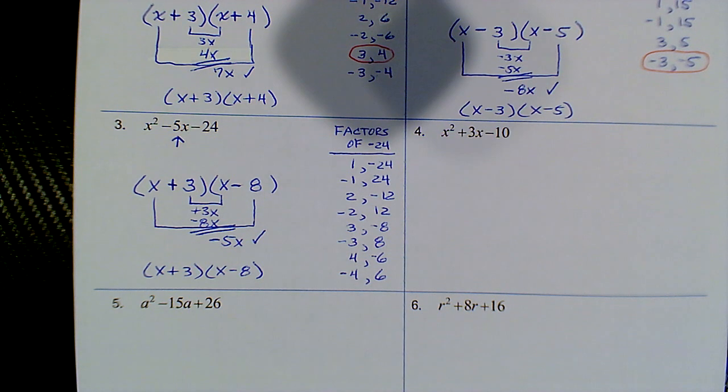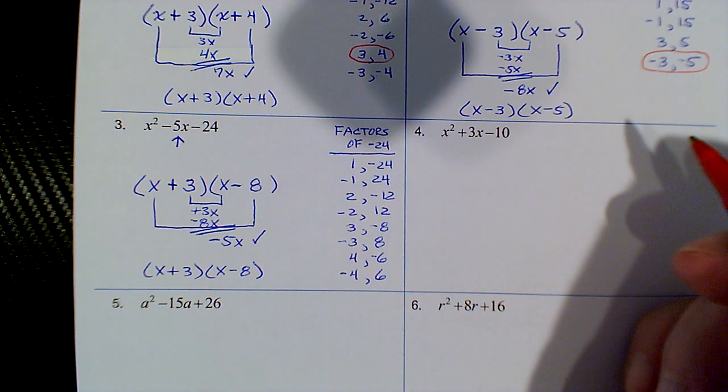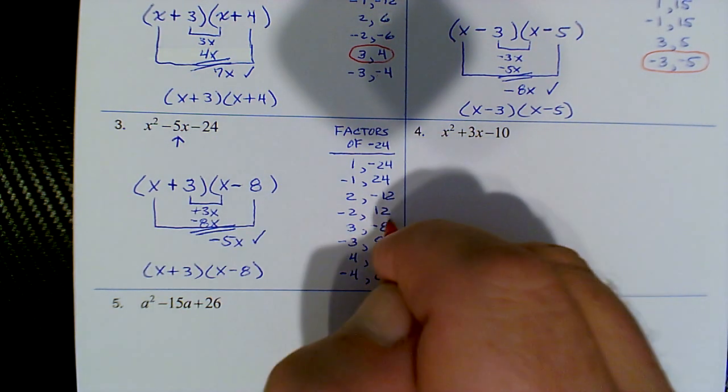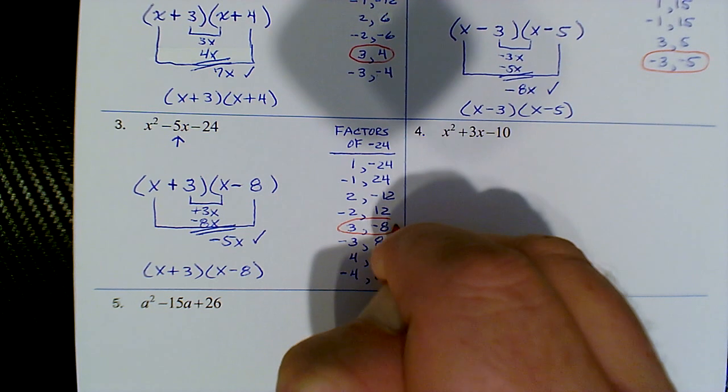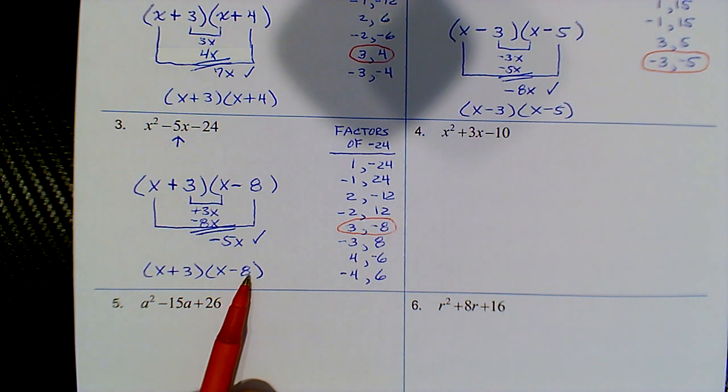And then you look amongst the list and you want the pair of these factors that add to give you the negative 5, and it looks like the 3 and the negative 8 would do it, and so you can see that's what we ended up with.